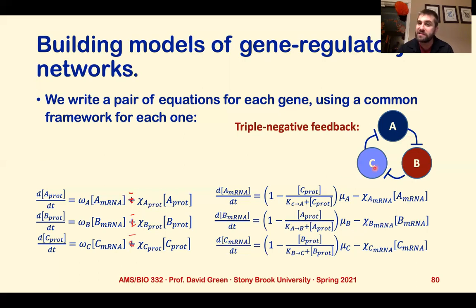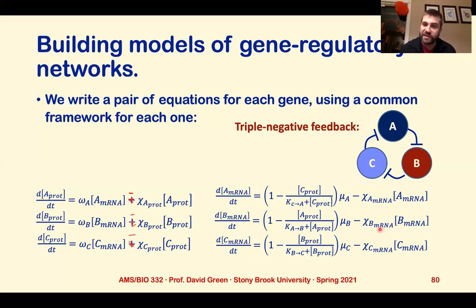Because each of these is repression, we have a similar form. If these were activation, we would need a different form. If one of them was constitutively active, we'd need a different form, and so on. But the differences really are limited to this transcription rate piece. And here, again, I've had a model that doesn't have any cooperativity, as I haven't put in a Hill coefficient there.